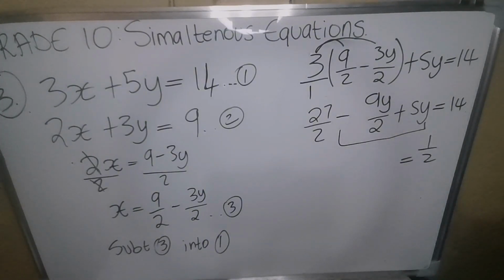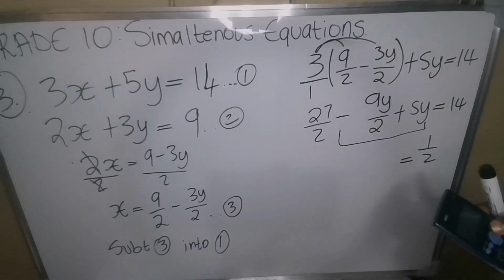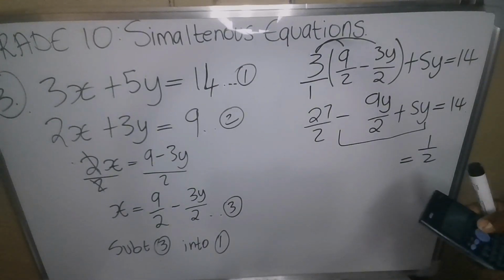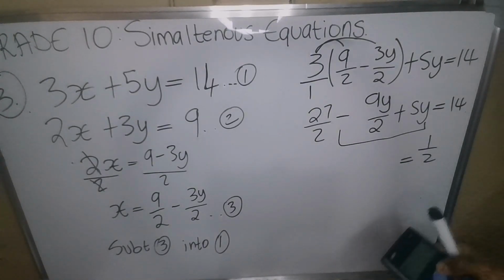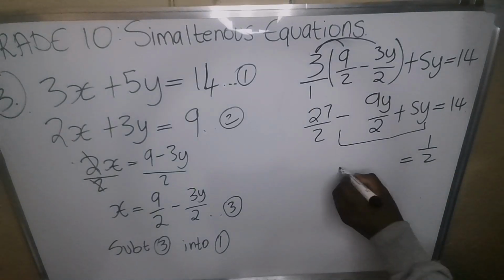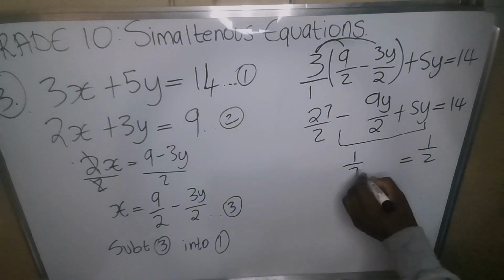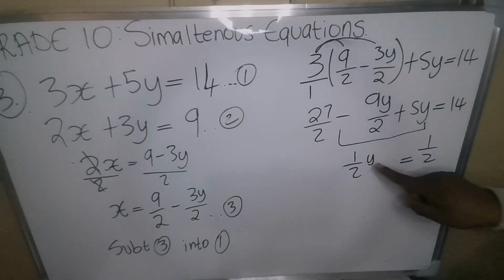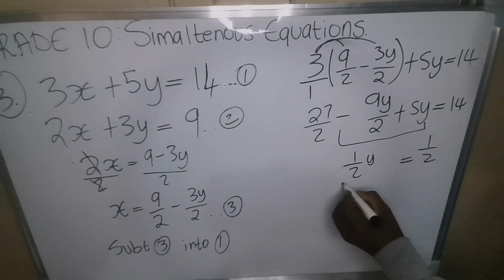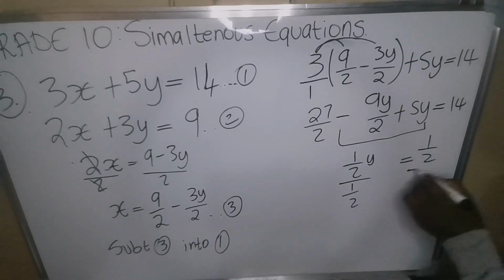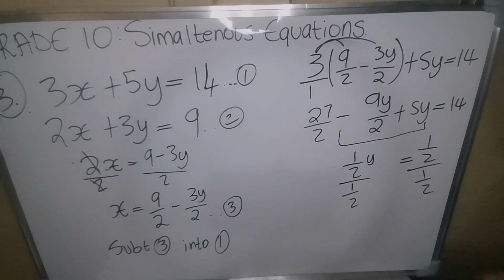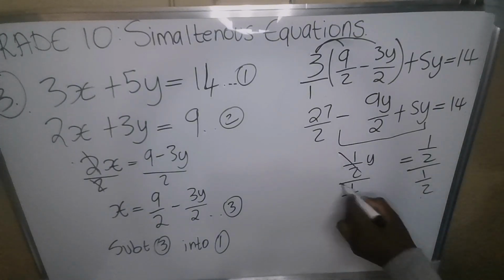Therefore, these two are like terms, I'm going to add them: negative 9 over 2 plus 5 is positive 1 over 2 y. I'm going to divide both sides by 1 over 2. Then 1 over 2 divided by 1 over 2 is equal to positive 1.